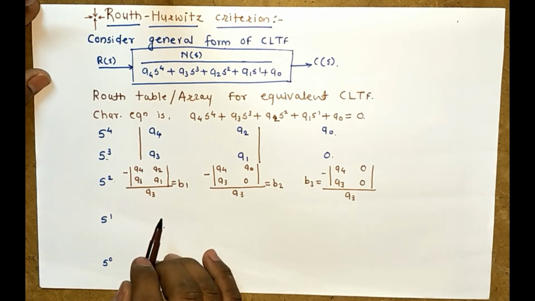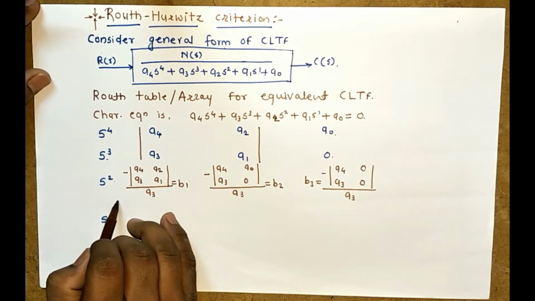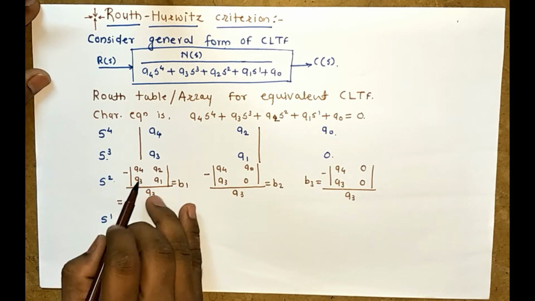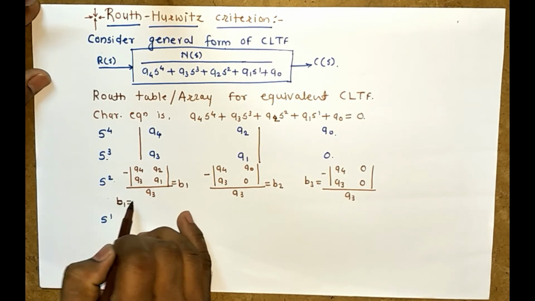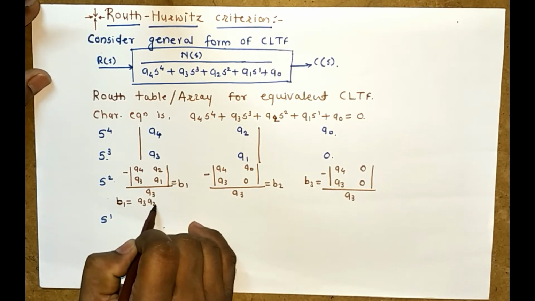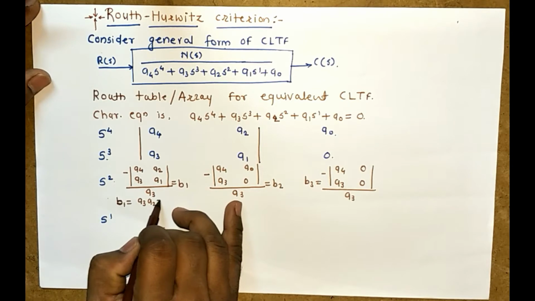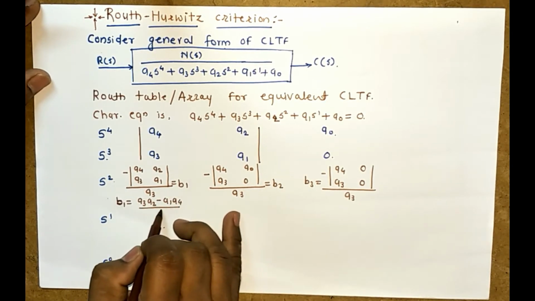Now if you solve the given matrices, you get b1 is equal to a3 into a2 minus a1 into a4 divided by a3.